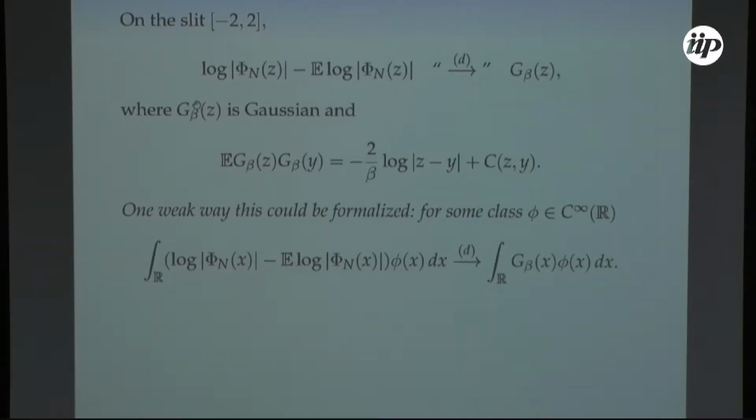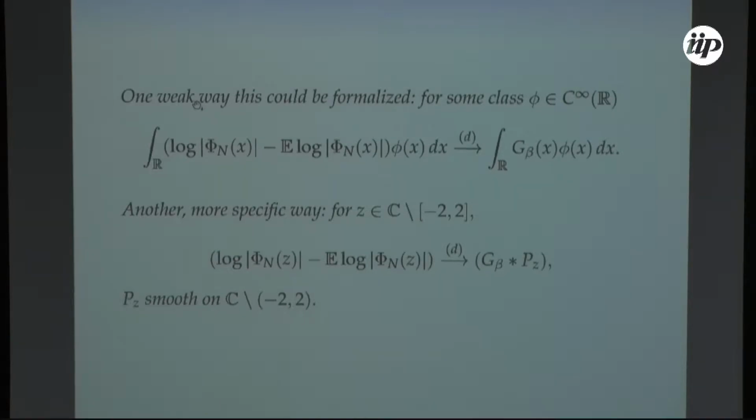Another way, which is maybe slightly more geometric, is if you actually look at the characteristic polynomial itself, well, you can realize it in this way by choosing this test function to be a Poisson kernel, and then you're getting that the convergence of this, it's not exactly the Poisson kernel, but something like a Poisson kernel, converges to G beta convolved with whatever that kernel would be.